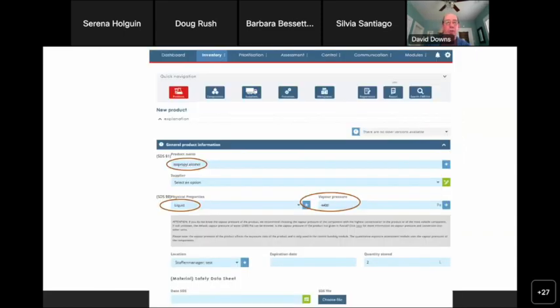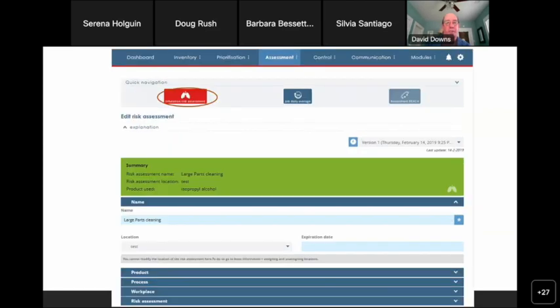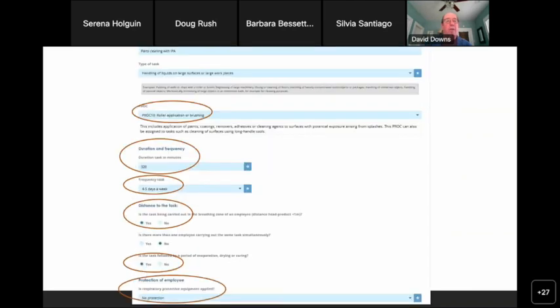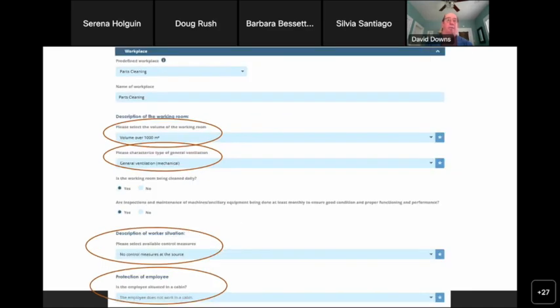They do have a tool, and I won't go through this in great detail, but it leads you through a process of answering a series of questions. Is the product a liquid or a solid? Is there any dilution? What's the process itself? What's the duration of the task, and so forth? Is respiratory protection applied?